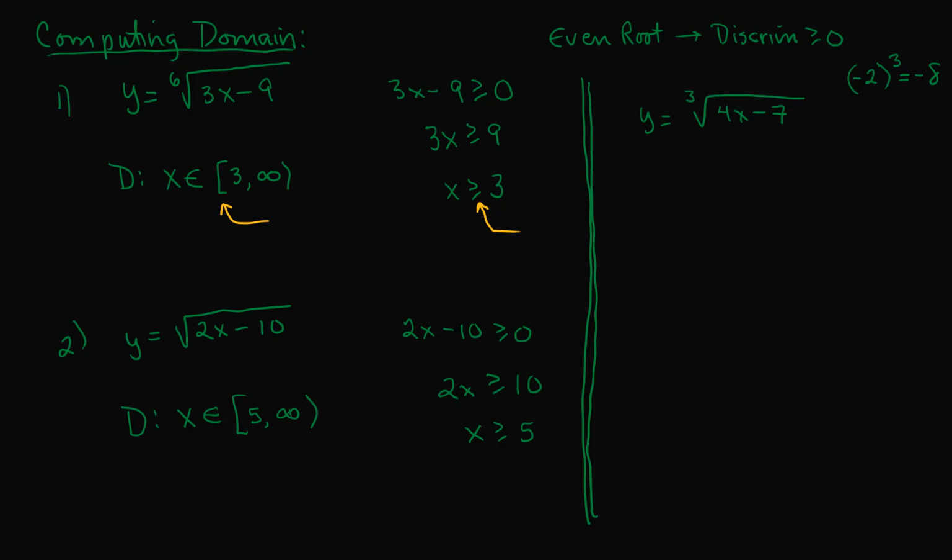Well, in this case, that means that this 4x minus 7 can be greater than 0. The 4x minus 7 can be equal to 0. And the 4x minus 7, here's the new one, can be less than 0.